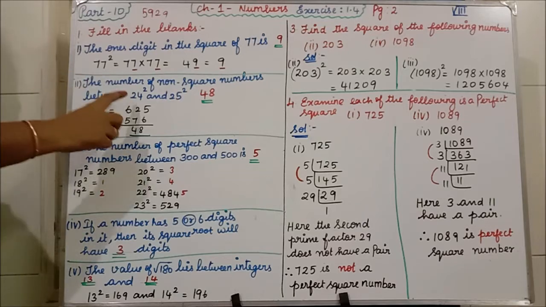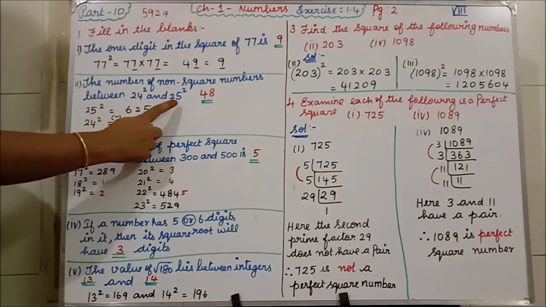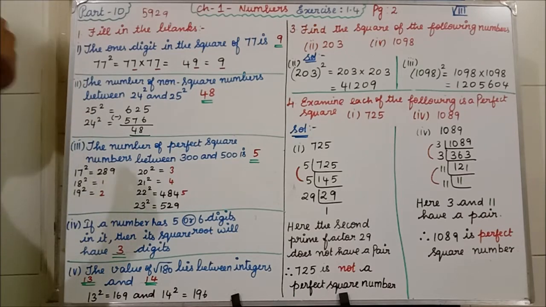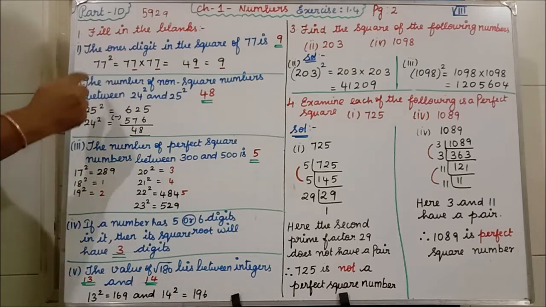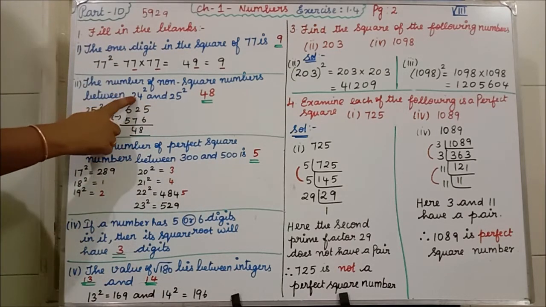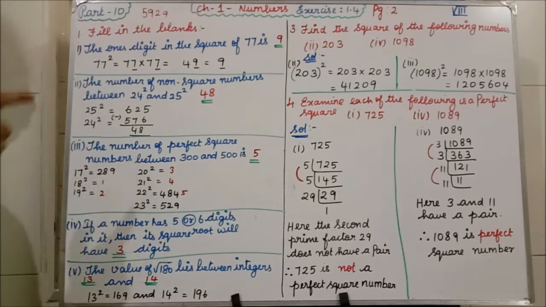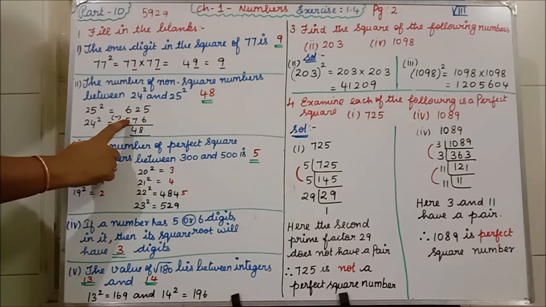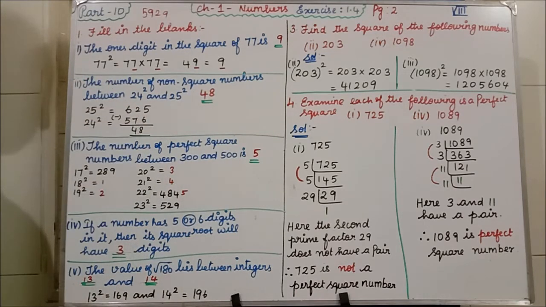So they are asking how many non-square numbers are in between 24 square and 25 square, which we have to find. First you have to see which is the bigger number. This is the bigger number, 25 square. 25 square means 25 into 25. So 25 into 25 is 625. Similarly, next is 24 square. 24 square means 24 into 24. So what is that? 576.